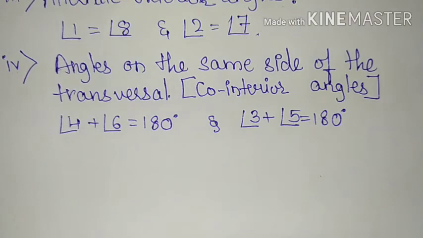So from our figure, the angles on the interior part which lie on the same side of the transversal are known as co-interior angles, and their sum is equal to 180 degrees only if the lines are parallel. If we have non-parallel lines, then their sum will not be equal to 180 degrees.